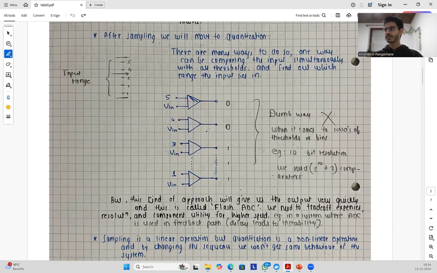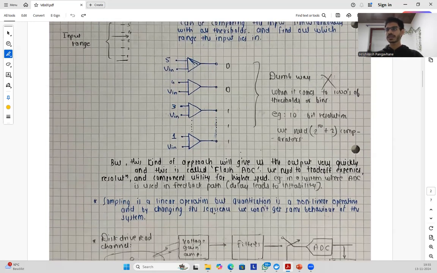For example, in a system where this kind of ADC is used in a feedback path, the delay leads to instability, and we have to minimize the delay. So there we cannot trade off this. We have to use such an approach for higher speed.